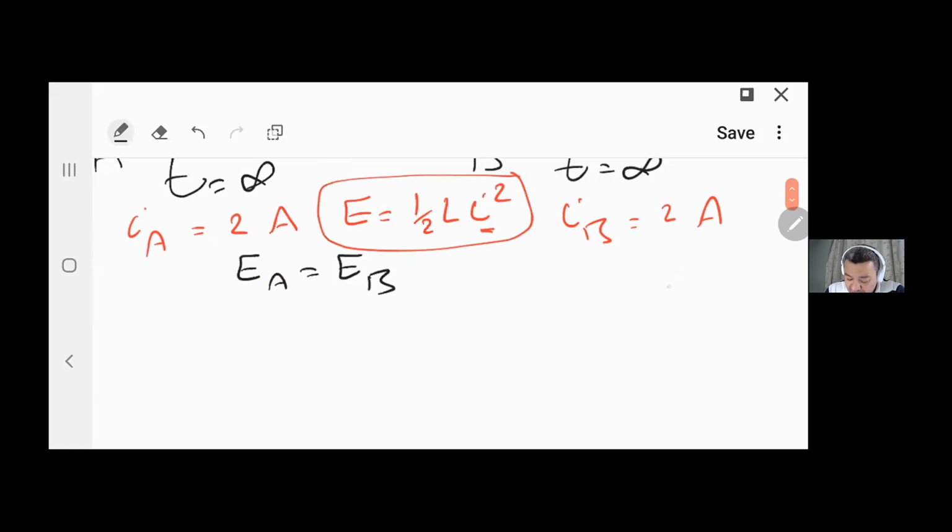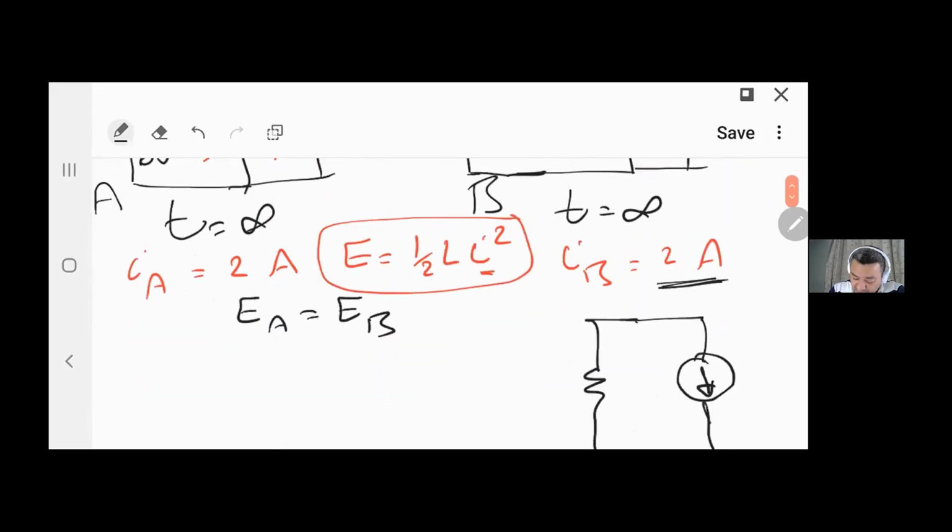If I redraw the circuit, I can replace this inductor with a current source, because before I opened the switch there was 2 ampere in the inductor, and this 2 ampere has to stay the same at t equals 0. So now I can replace this inductor with a current source, and now the switch is open, I only have the 2 ohm now.